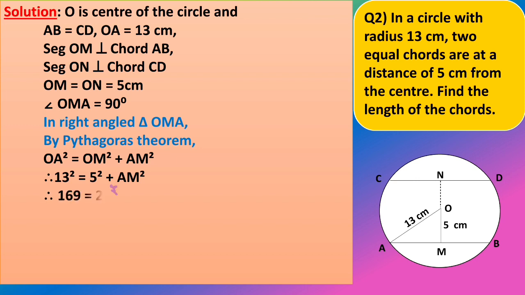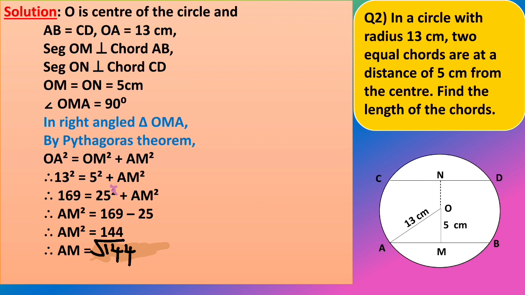Square of 13 is how much? 169, and square of 5 is 25, plus square of AM. Now 25 will be subtracted from 169. How much is left? 144. And the square root of 144 is how much, student? Yes, 12. Therefore AM is 12 centimeter.